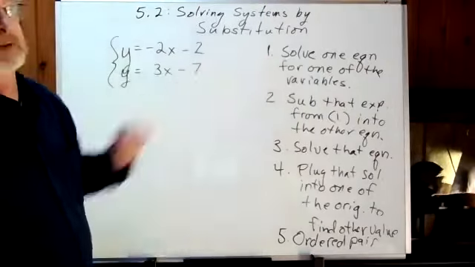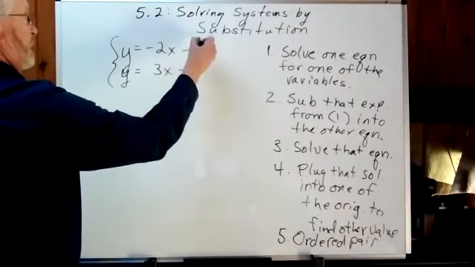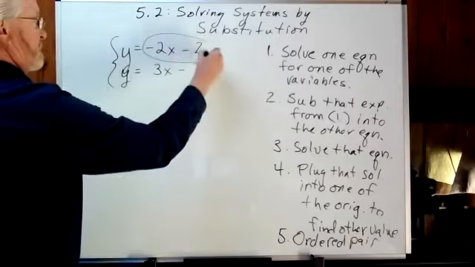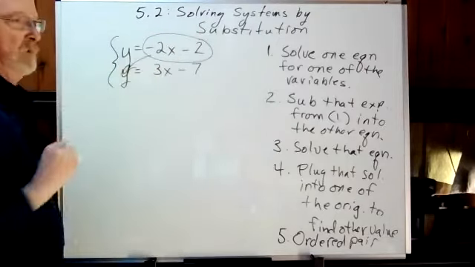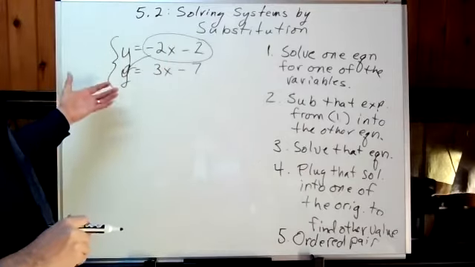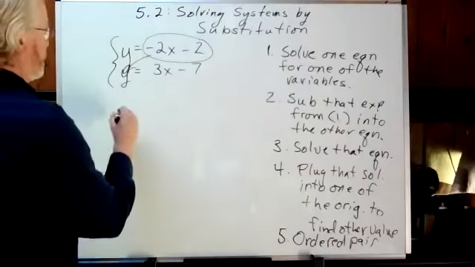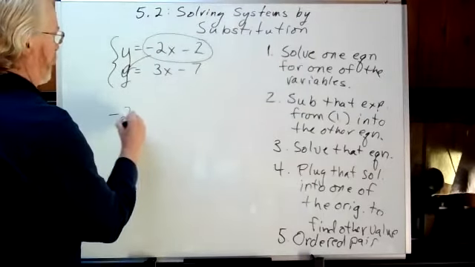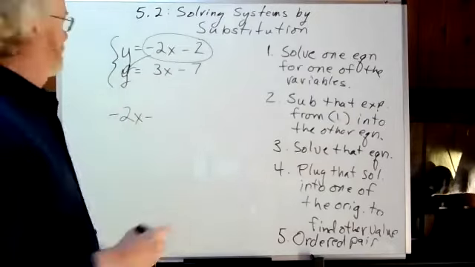This first step really is already done for us. I could say this is all supposed to be equal to y, so I could put it into the other equation instead of y, or I could have gone the other way. You're just going to end up with one expression on the left, the other one on the right.